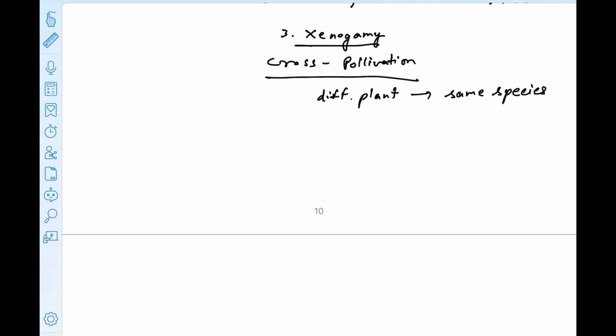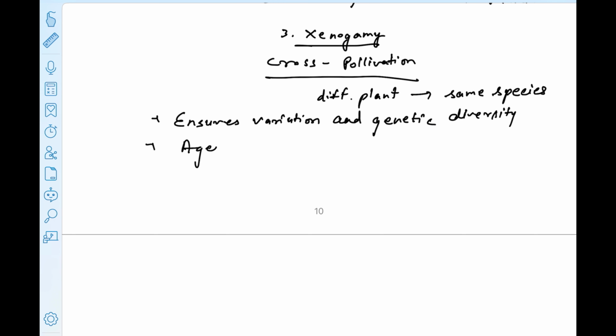Okay, cross-pollination or xenogamy ensures variation and genetic diversity because different plants are involved. It also requires agents of pollination like wind, water, insects, birds, bats.